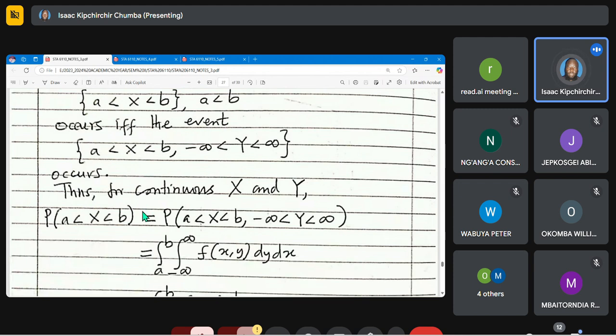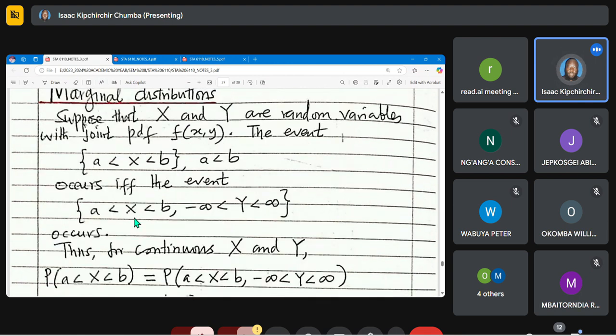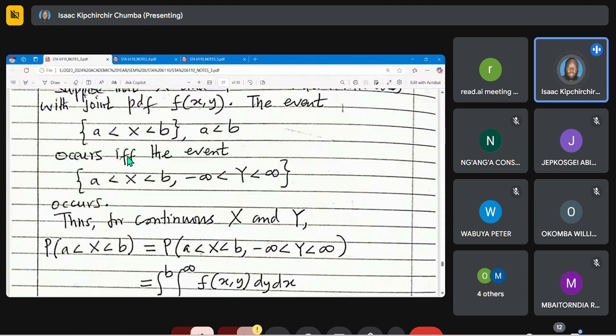So if X and Y are continuous, and we have said these two events are equivalent, then the probability of the first event is equal to the probability of the latter event because they are equivalent. So they have equal probability.